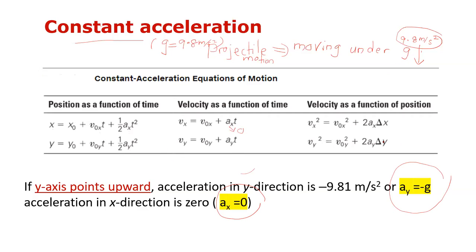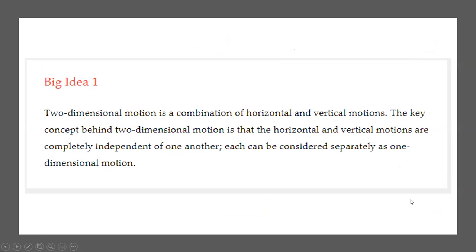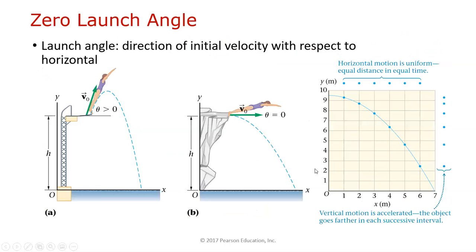At the very first, this is what you should write for the problems: there is no acceleration in the x direction. Therefore, you will get very simple equations for the x direction. So this is the big idea. You can read it. This is what I explained so far.